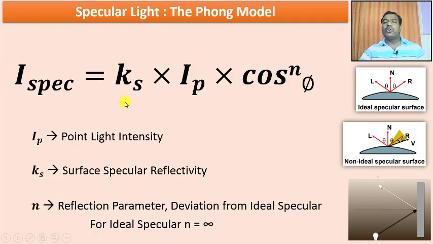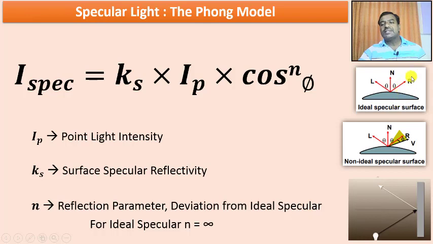Hence if I want to put it into a formula, I specular depends upon Ks multiplied with IP, the same IP, the point light source which I had brought in discussion in the diffuse, and cos^n phi. Here phi is the specular angle of reflection, and n is going to be the reflection parameter, the deviation from the ideal specular.